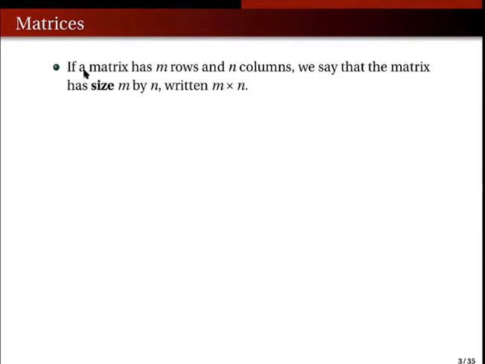Now, if a matrix has m rows and n columns, we say that the matrix has size m by n, written m × n. So the first entry here will be the number of rows, and the second entry will be the number of columns. So m by n.